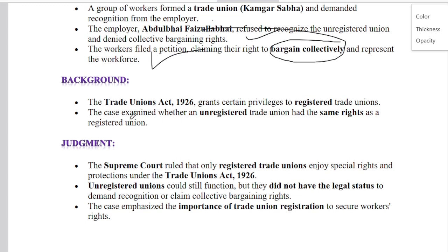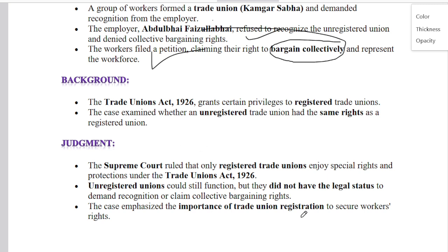The background of this case was that the Trade Union Act 1926 grants certain privileges to registered trade unions. The case examined whether an unregistered trade union had the same rights as a registered union. In coming classes, we will be discussing how to register a trade union, all that. This case is all about that.